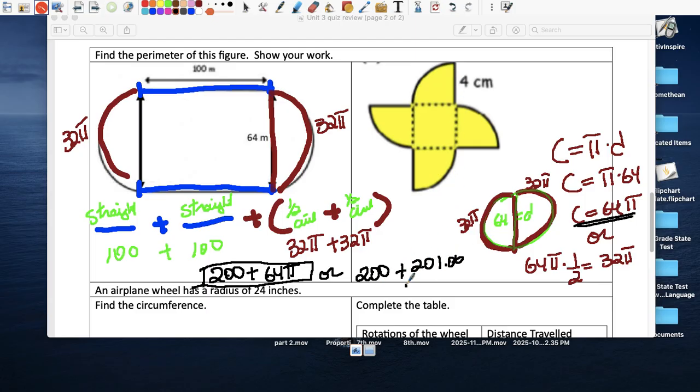So if I add everything together, I get 401.06, and then dot dot dot, because the decimal goes on forever. Personally, you want the better answer, and it would be this one: 200 plus 64 pi.